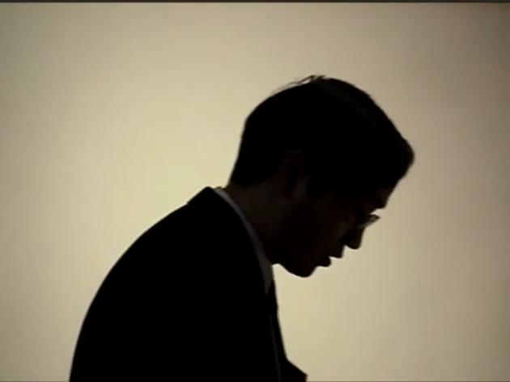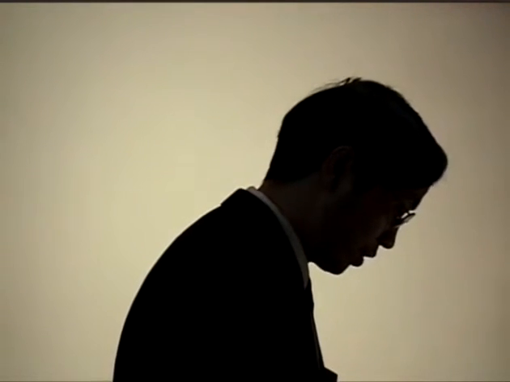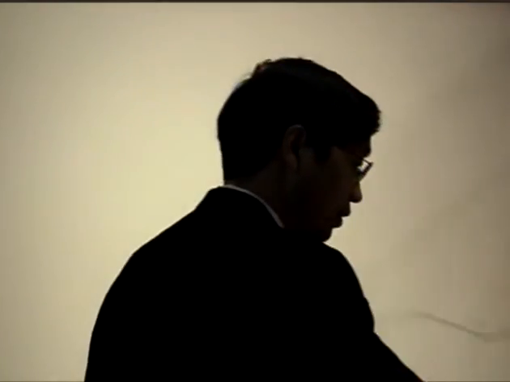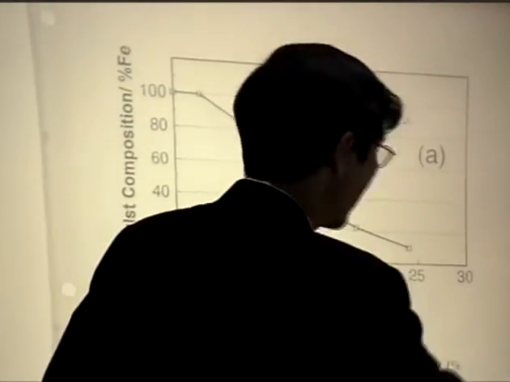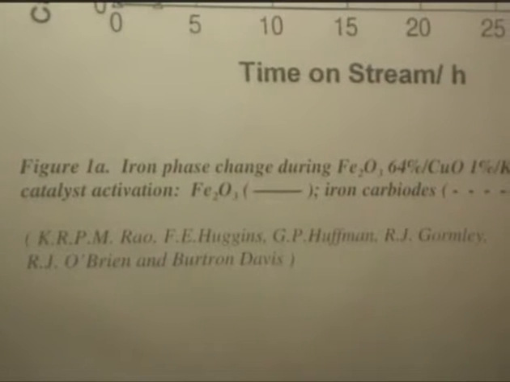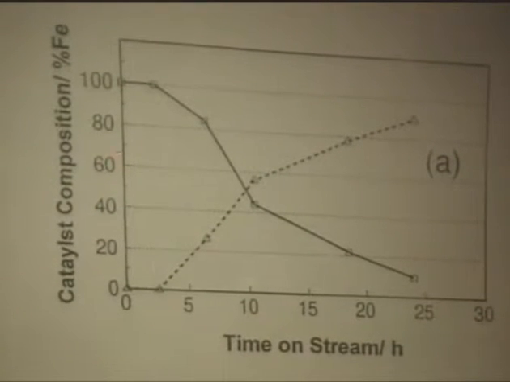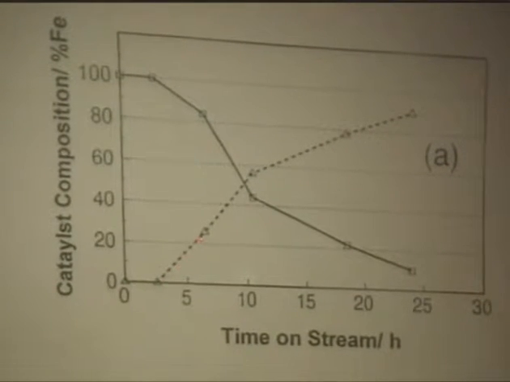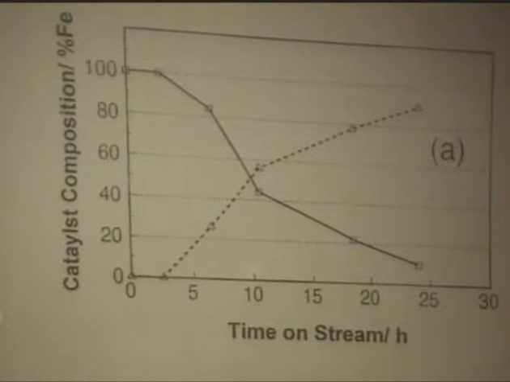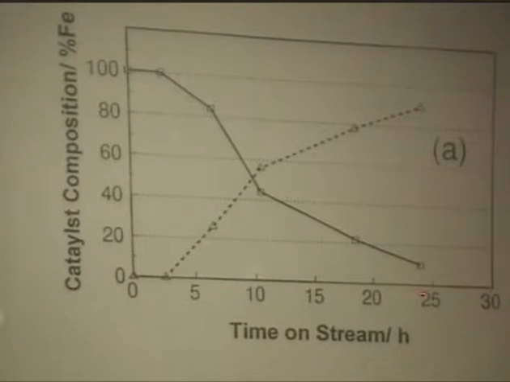Then we try to understand what's going on during that induction period. So we use the Mössbauer analysis. This one shows, from our previous work, that during the activation period, the phase of the catalyst changes from 0% iron carbides to almost 90% or even higher during the 24 hour reduction period.